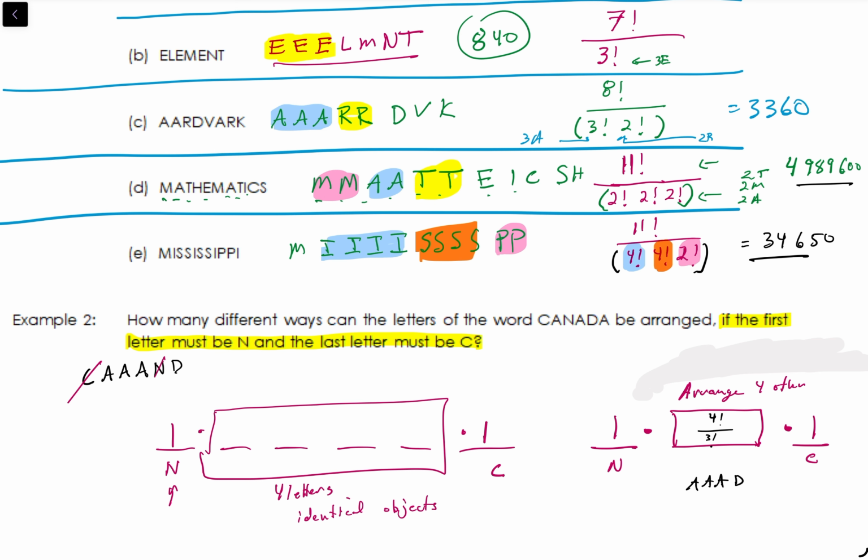And what we can see is that this is 4 ways. If you use a calculator, 1 times 4 factorial divided by 3 factorial times 1. Remember that if there are any constraints, you must deal with those first.